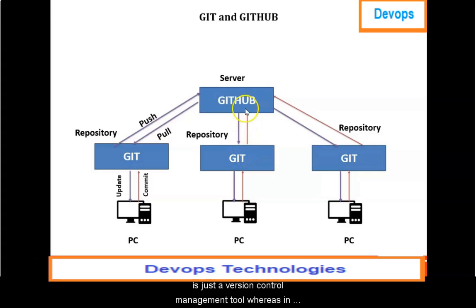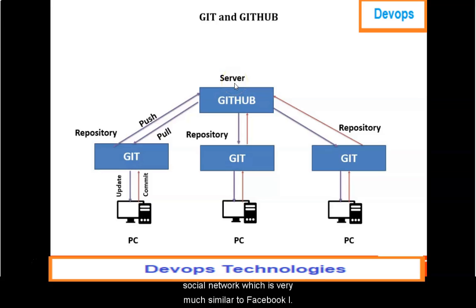Whereas GitHub is a code hosting platform for version control collaboration. So GitHub is just a company that allows you to host your central repository on a remote server. If you want me to explain in easy words, you can consider GitHub as a social network. It's very similar to Facebook.